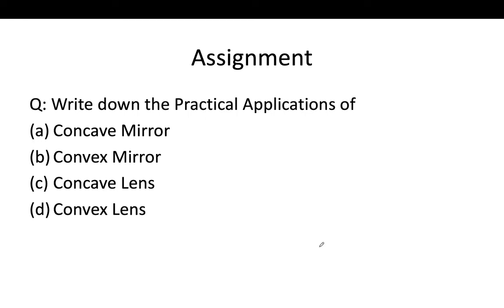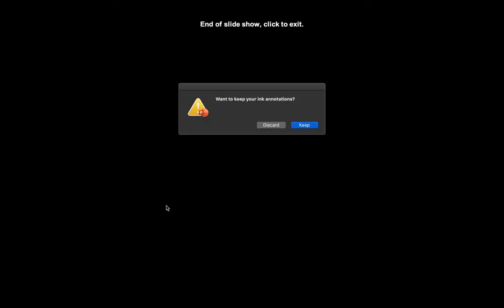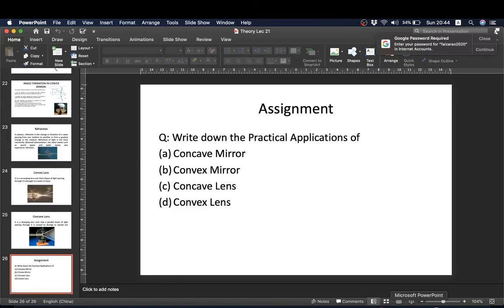And an application doesn't mean just the name; you have to describe that application in 3 to 4 lines. You have to write the applications of the concave mirror, convex mirror, concave lens and convex lens. So this was all for today's lecture, and thank you for listening.